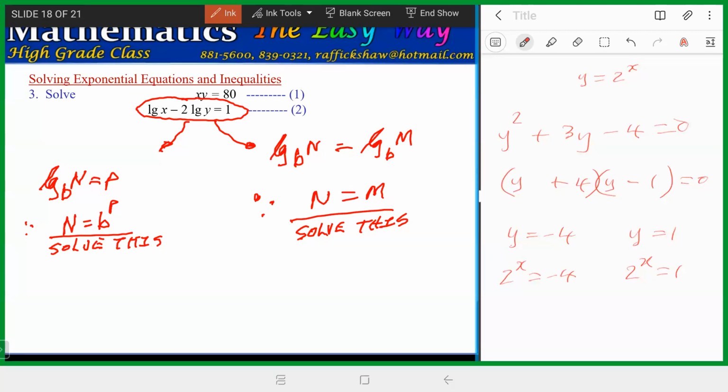Notice I've eliminated the logs out of both of them. That is what you aim to do when you're solving or simplifying log expressions. You can note it, screenshot it, or write it down. That is your aim. One or the other. All right?